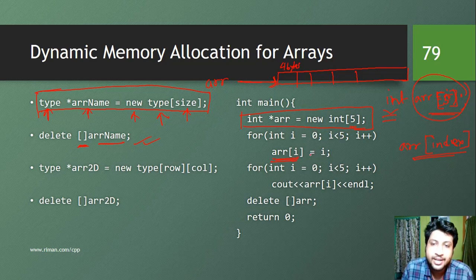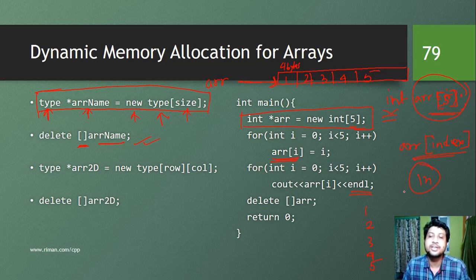So what I have done here is put 1, 2, 3, 4 and 5 in this dynamically created array, and then I have displayed those numbers in the same order with endl. Endl is a keyword that represents a newline, \n basically, and it is used with cout.